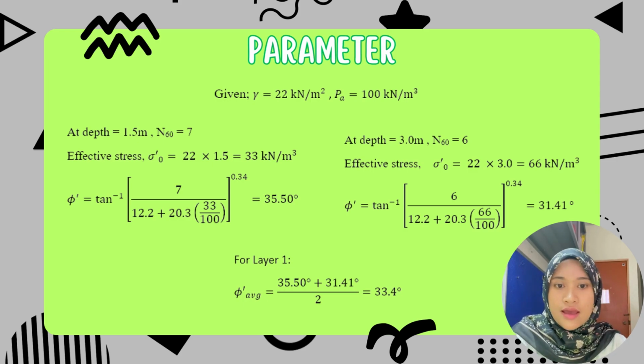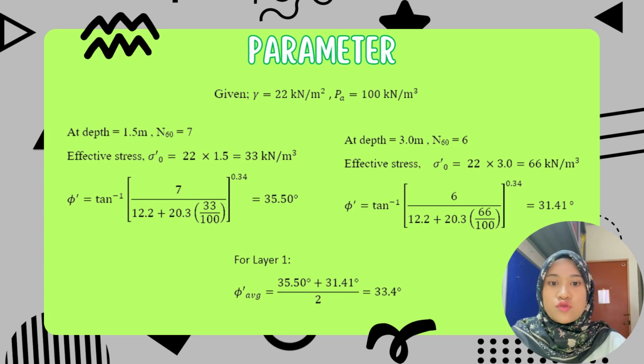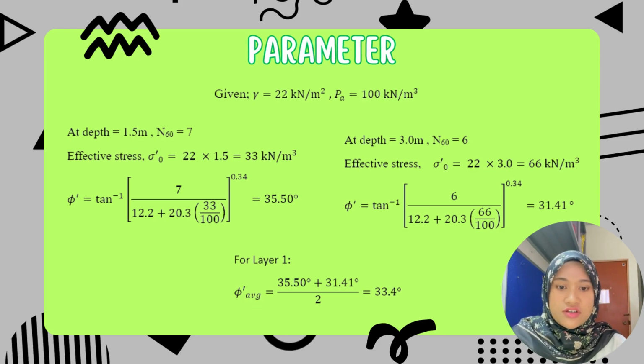Next is at depth 3 meters, where N60 is 6, the effective stress is 66 kN per meter square, and the angle of friction is 31.4 degree. From these two different depths, we can get the angle of friction for layer 1, which is 33.4 degree.